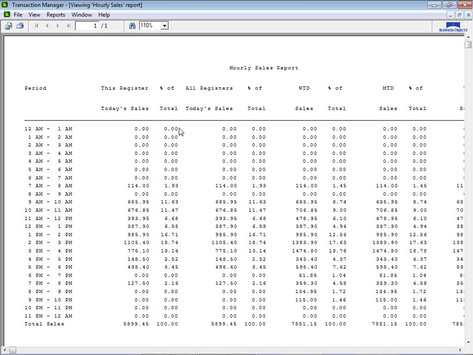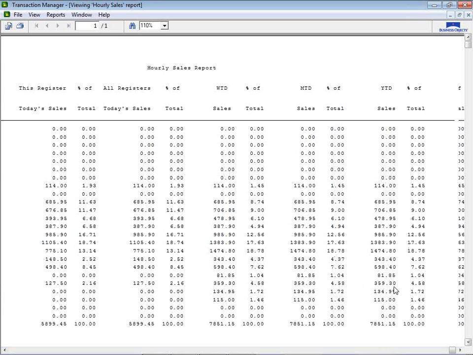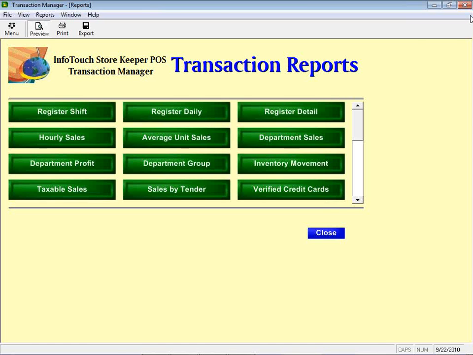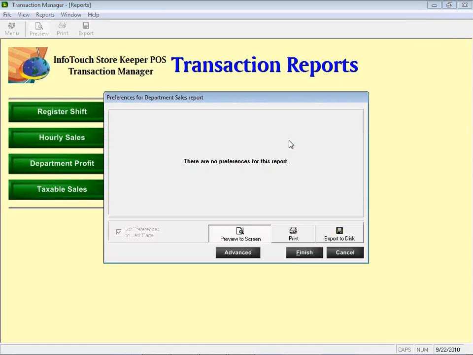So this gives you a snapshot, and now this is only today's. Really what you'll want to do is look more over on the right-hand side to get a historical perspective. But this does show you when your customers are buying things by the hour with percents of totals. And we have a number of reports like that that break things down differently.